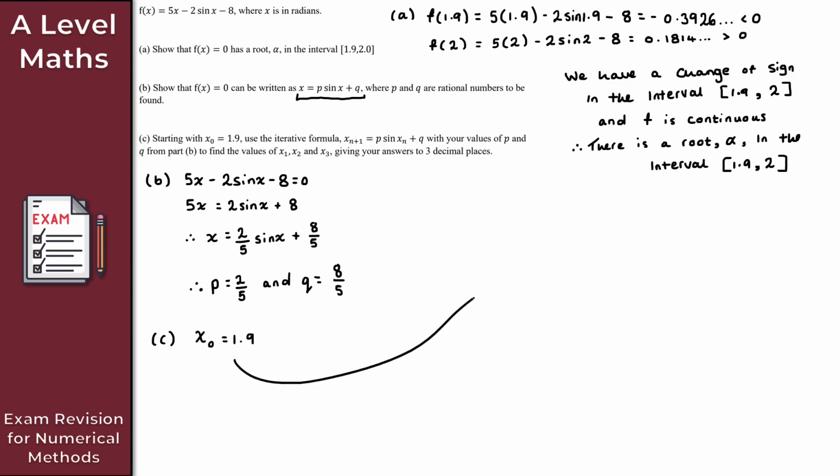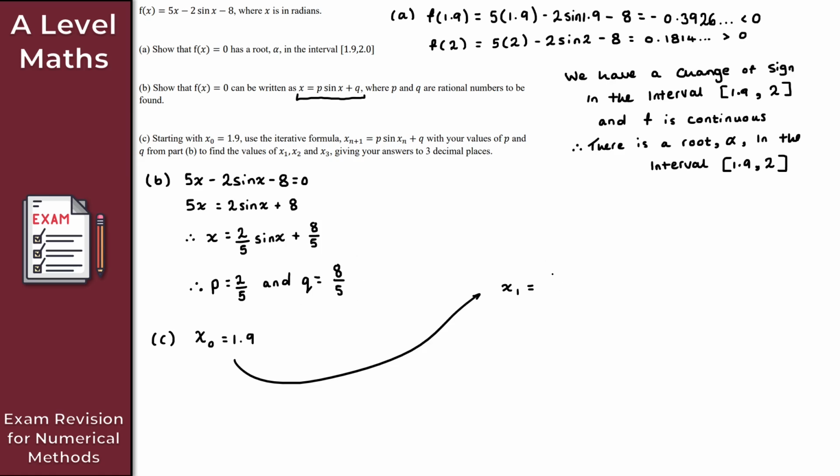So all we need to do here then is use iteration. So we want x1, x2 and x3. And we can easily find those by using iteration. So x1 here would be given as p sine of x naught plus q, where p is 2 over 5 and q is 8 over 5.